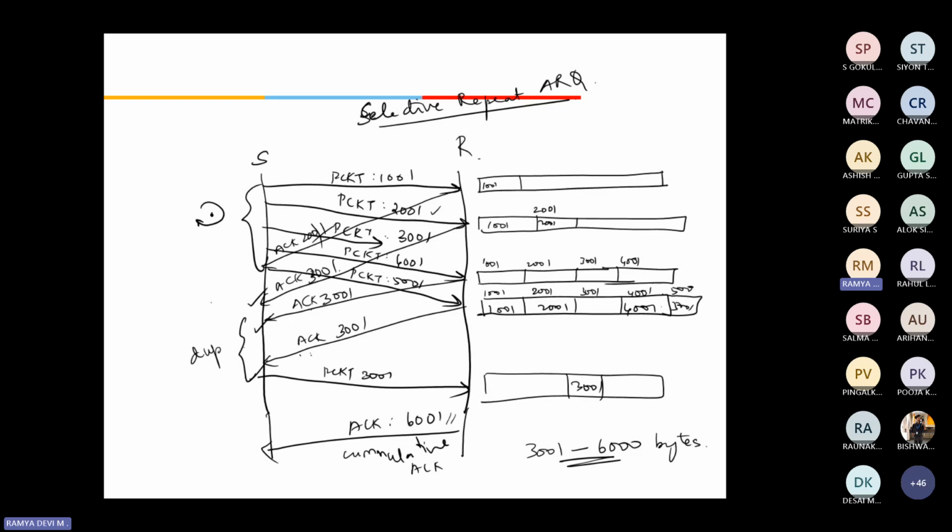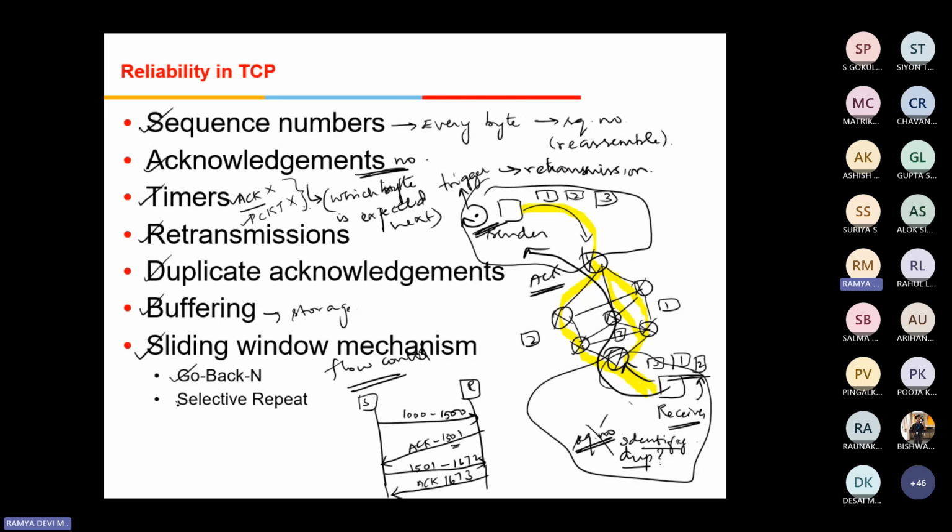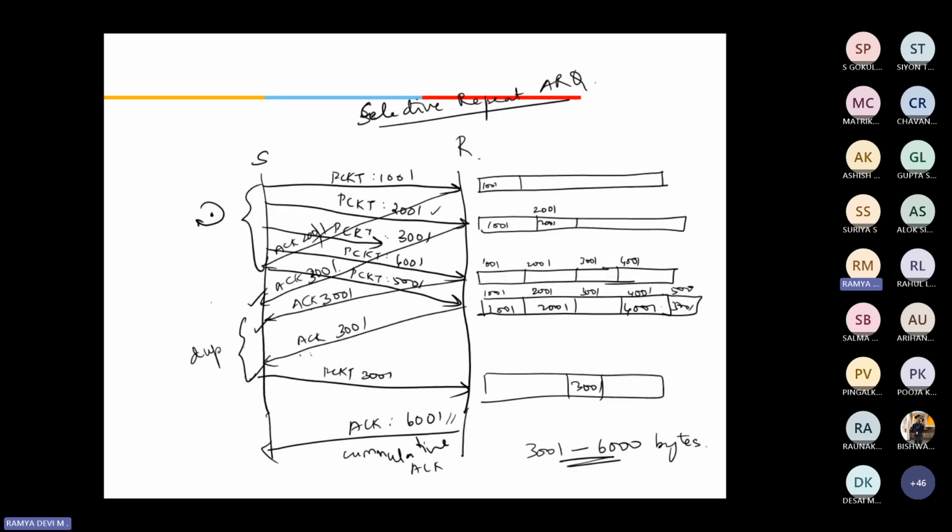The next one is selective repeat. This is an example of selective repeat ARQ, which TCP uses. If one packet is missing, it will send duplicate acknowledgements. With the help of a duplicate acknowledgement, the missed packet can be received. Instead of retransmitting all the packets, only whichever is missed will be retransmitted.